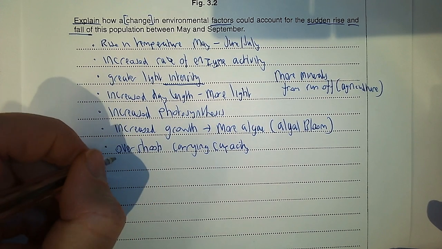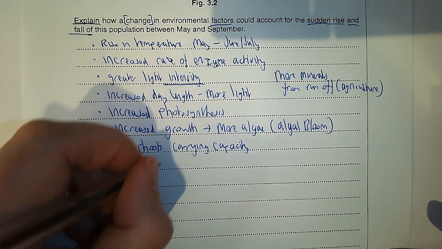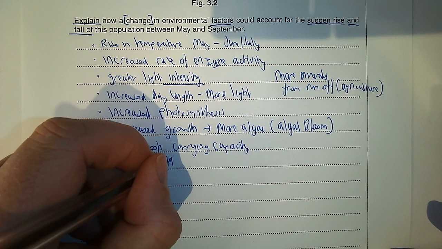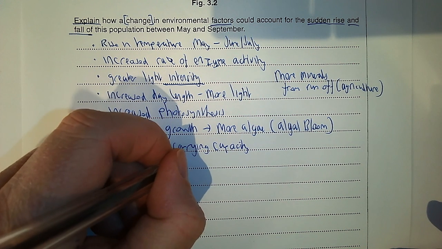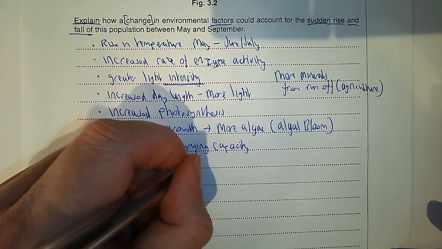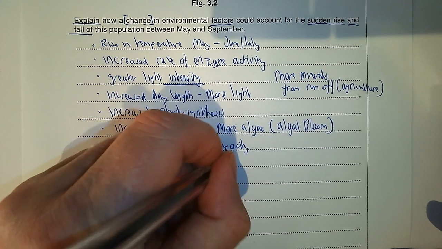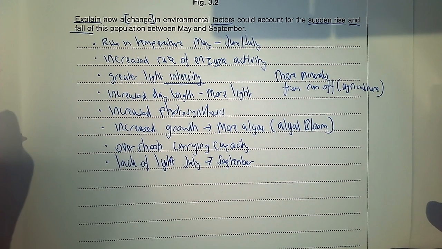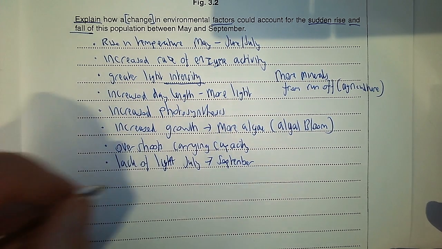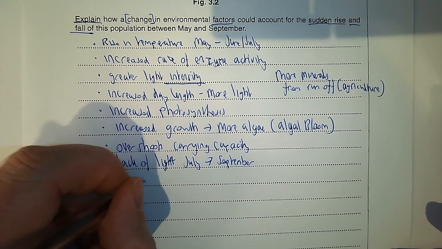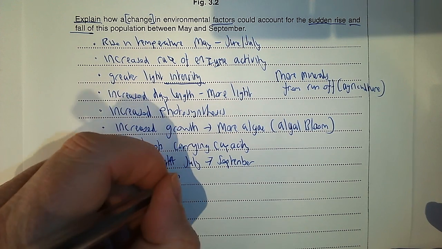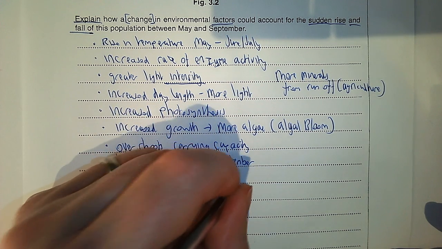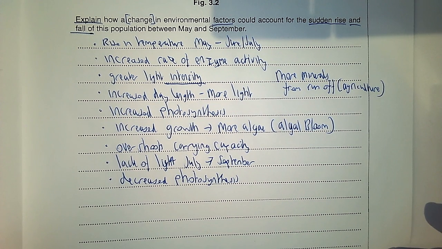So we've now got lack of light from July to September. So we're going to have decreased photosynthesis. So less growth.